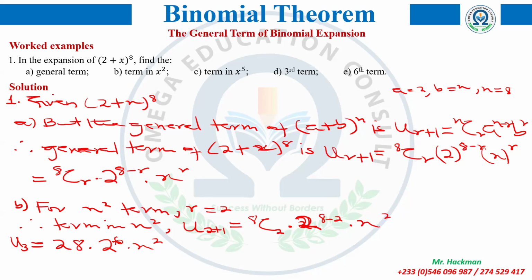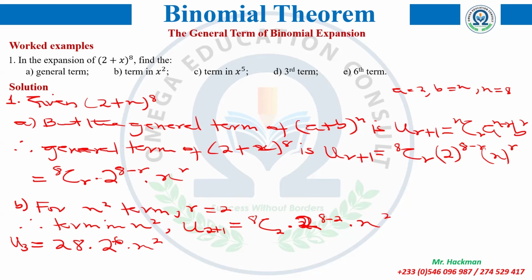Pokua, please, I wanted to ask: with the term in x squared, I found out that the u was u sub 3, which is the third term, and the term in x raised to the power 5 was u sub 6.